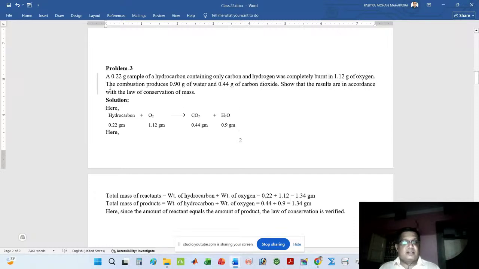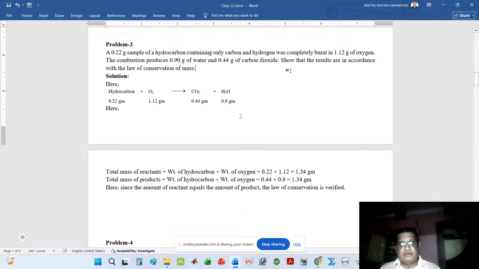And again, read the question: the combustion produces 0.9 gram of water and 0.44 gram of carbon dioxide. That means the products are water and carbon dioxide. Your target is to show that the results are in accordance with the law of conservation of mass. That means your target is to prove the law of conservation of mass is verified.